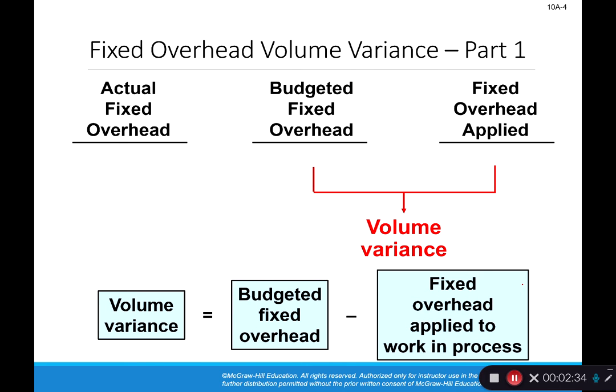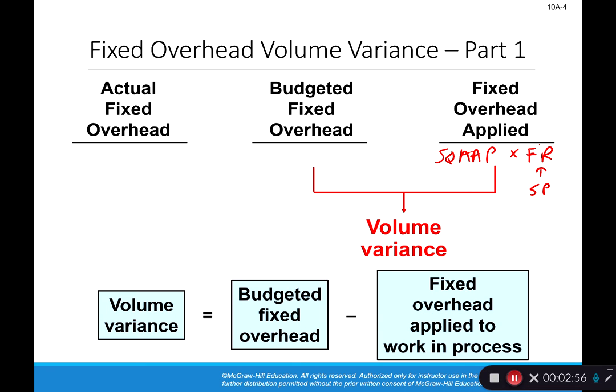The difference between the budgeted fixed overhead and the fixed overhead applied is called our volume variance. The fixed overhead applied is going to be our SQAP times our fixed rate. Our fixed rate effectively is like a standard price because remember the fixed rate is just the fixed portion of the predetermined overhead rate.